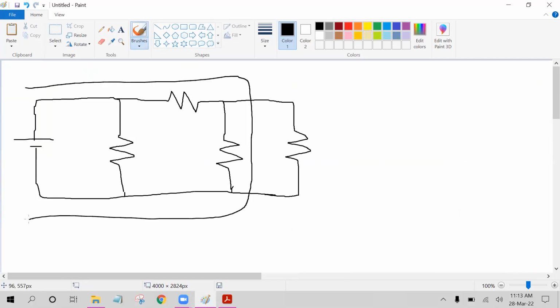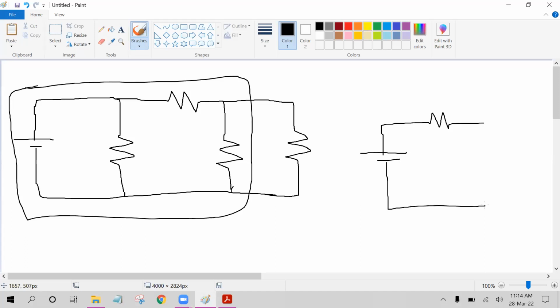Just for example, I want to replace this portion. There are 3 resistors and 1 source within this boxed area. And what I can do using Thevenin's theorem, I can replace this part by using only 2 elements, 1 voltage source and 1 resistor in series connection with the source.